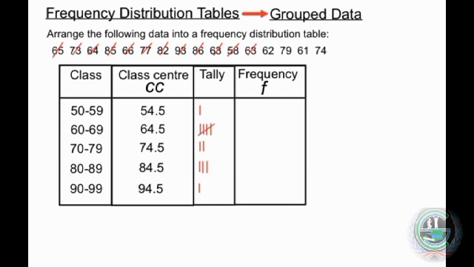We cross off the 63 and put a diagonal mark there. We do that so it makes it easier to add up the tally marks later on, rather than having a whole bunch of vertical tally marks. Every fifth one we do a diagonal. 62 gives us another tally in the 60s, 79 another one in the 70s, 61 goes there, 74 goes there. Okay, so we've tallied up how many scores belong to each of those classes.